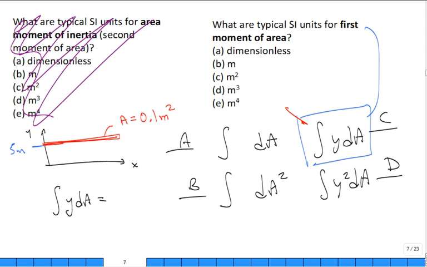This is a numeric problem, so I'm going to switch it to numeric. No units, just give me the numeric value. What is the integral of y dA for this problem where the strip is very long and thin, has an area of 0.1 meters squared, and it has a distance, did I say this was 5 or 0.5? 5 meters away.